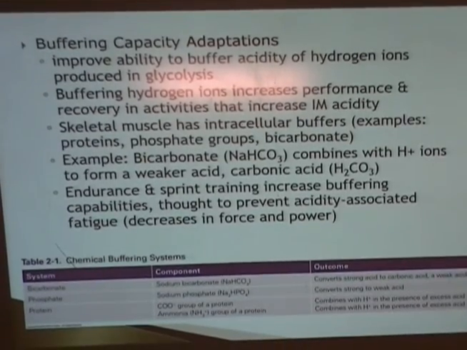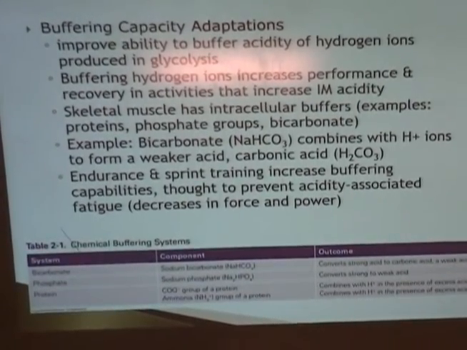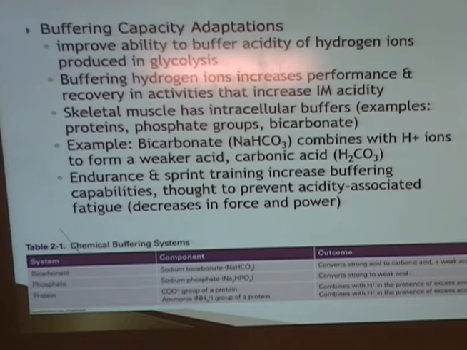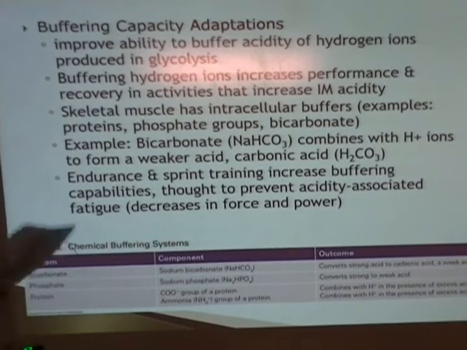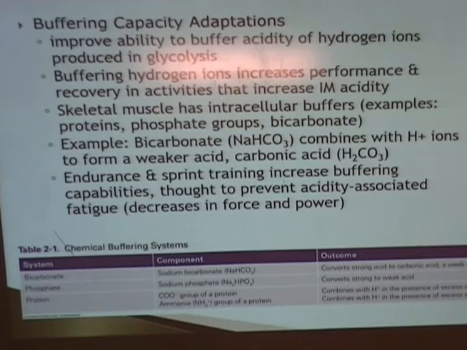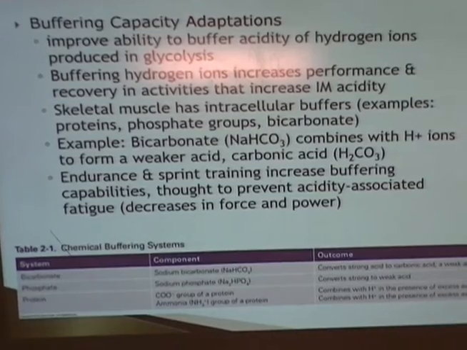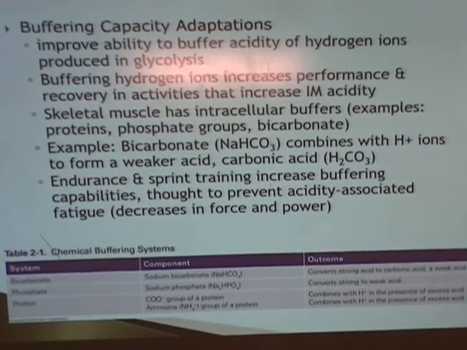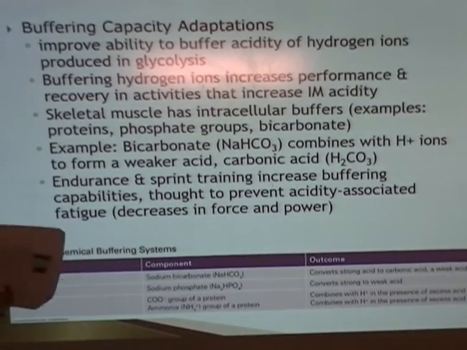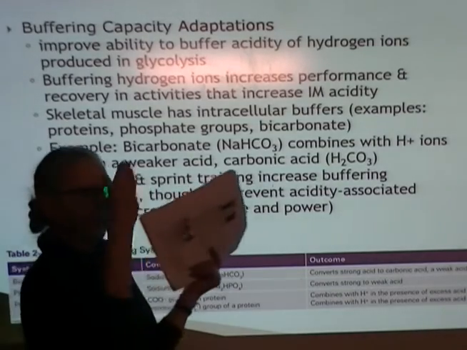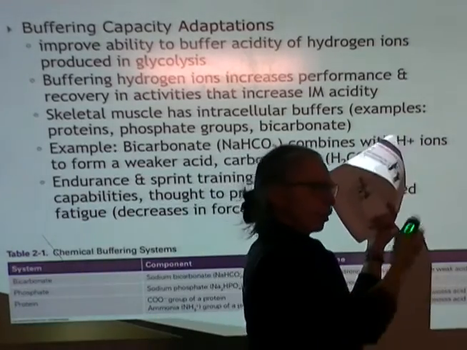So the third adaptation that we see when we're training system 2, when we're training glycolysis, is the ability to buffer the hydrogen ions. Okay? So in the UK, the opposite of an acid is an alkaline, but I think over here the opposite of an acid you call a base.